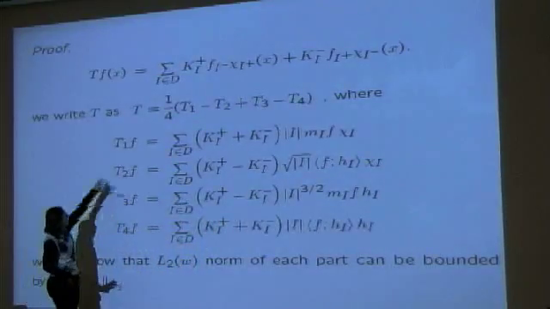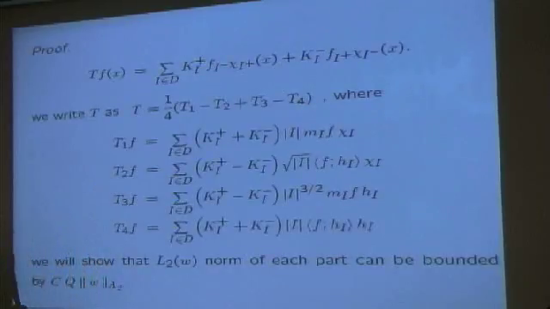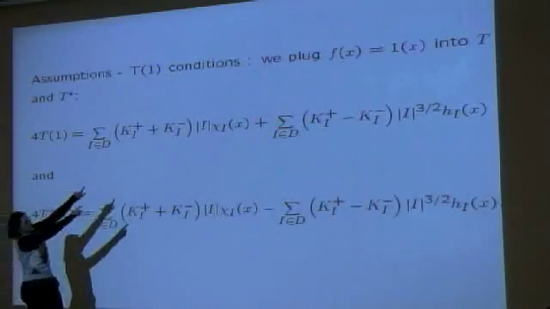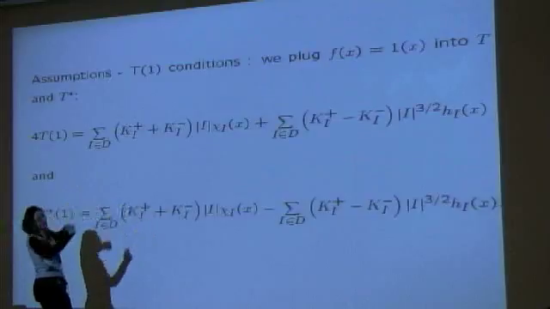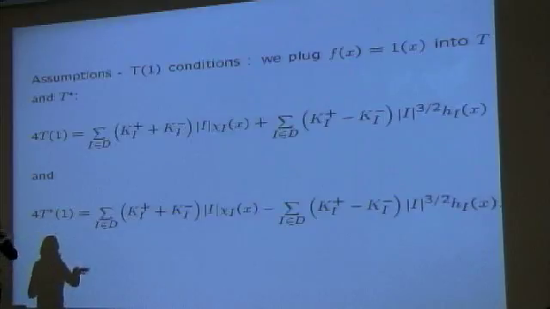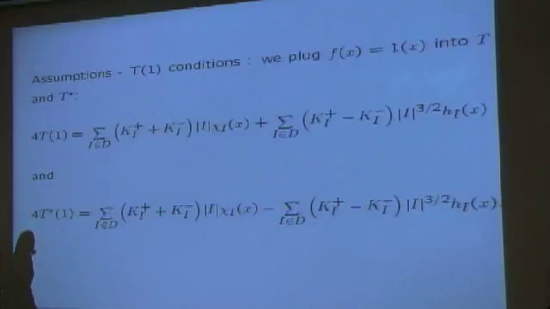So these 2 parts will disappear, and these 2 will stay. The other 2 disappeared. We do the same for T star of 1: rewrite T star in a similar way, put function 1 in, and get this thing.